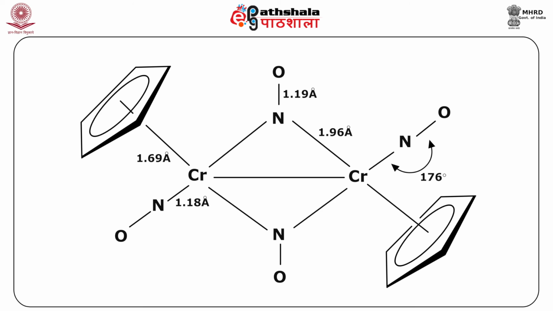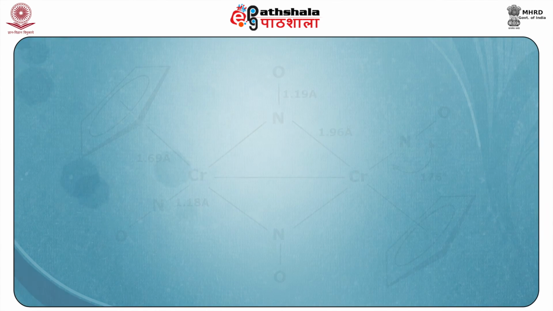Here we can see one of the nitrosyls is in linear mode, whereas the other nitrosyls are in bridging bonding modes, bonding to both the chromium atoms. The bond lengths can be seen, where the linear nitrosyl-metal bond length is 1.18 angstrom, whereas the bridging mode nitrosyl has a bond length of 1.19 angstrom. We can also see the bond angles.